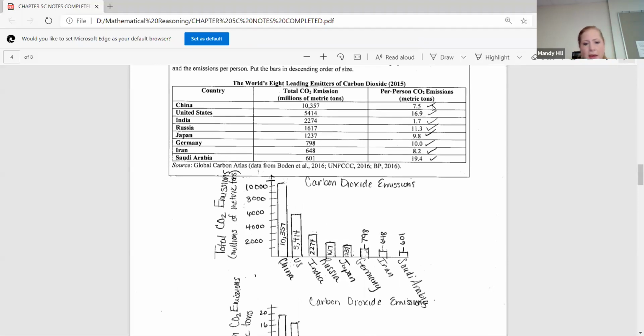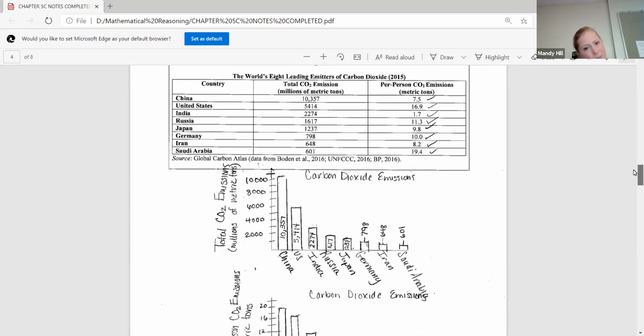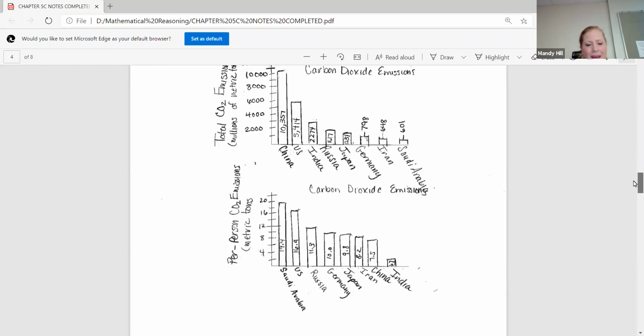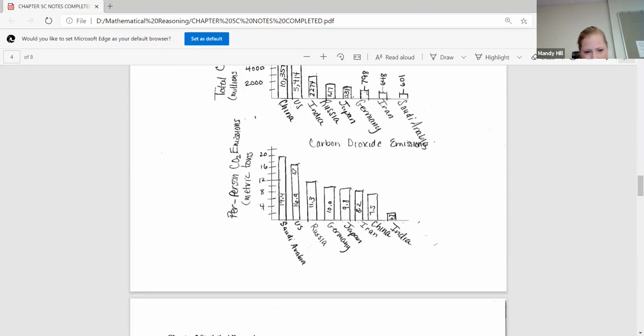On the second bar graph, we've got per person CO2 emissions. Now, I don't know if this data is actually correct, and the reason I'm suspect is this second graph. It's saying that Saudi Arabia, which is one of the smaller populated nations, is giving the most CO2 emissions per person.